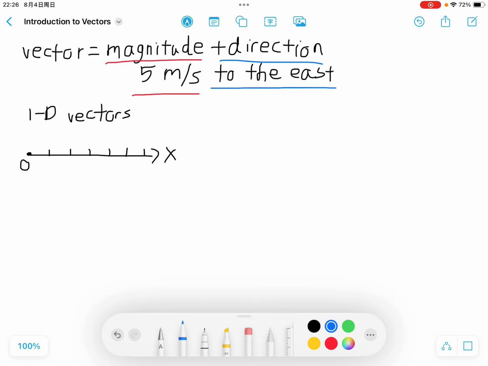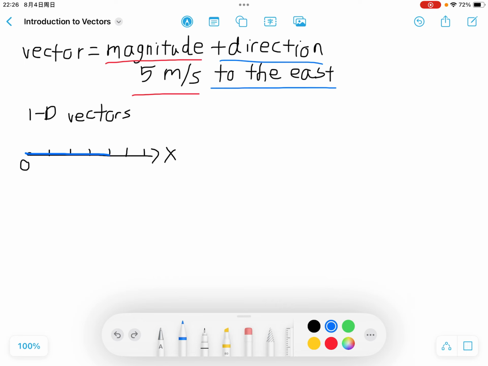But let's just start from the origin for simplicity's sake. So we start from the origin, we go 1, 2, 3, 4. We have this arrow here to indicate that the direction is the x direction.